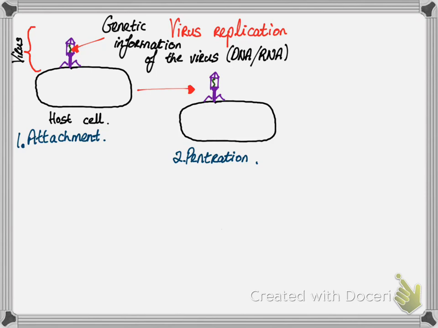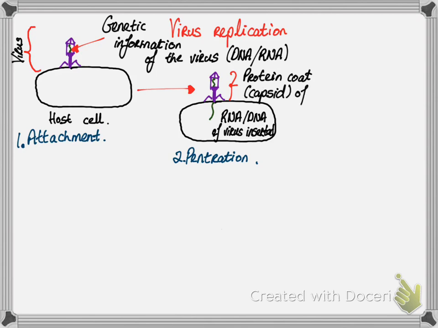The next step is called penetration, and it's called penetration because the RNA or the DNA of the virus is inserted into the host cell, whereas the protein coat, another name for which is the capsid of the virus, is left behind outside the cell.